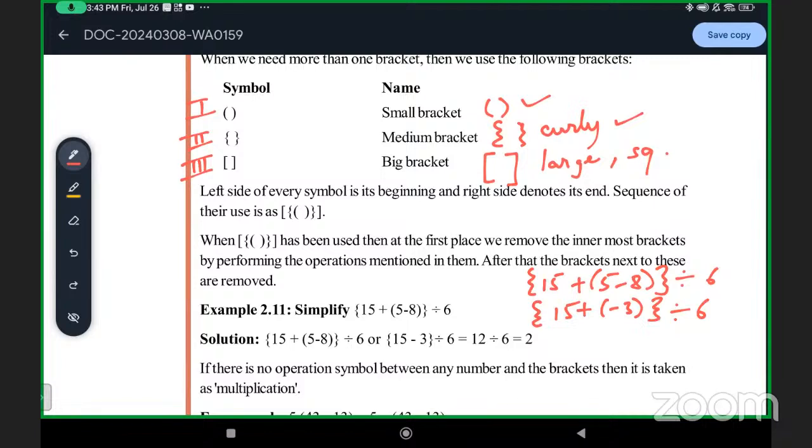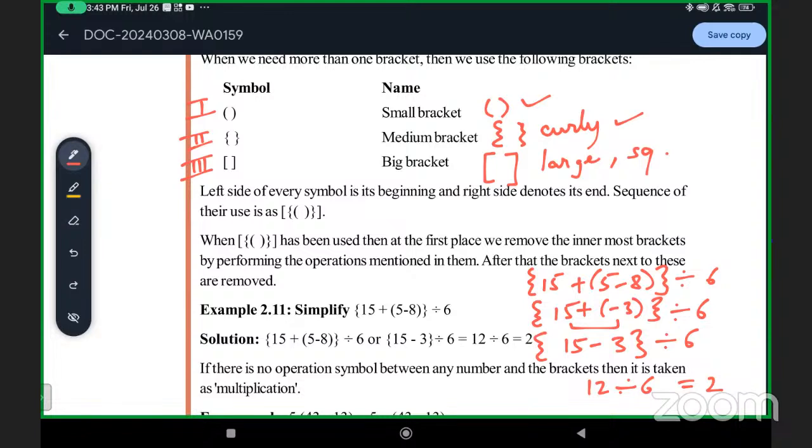So now, again, small bracket, this thing I will solve. So it becomes 15 plus minus is what? Minus 3 divided by 6. So when I solve one bracket, it will get removed. I can remove that bracket. So 15 minus 3, I will do how much? I solved it, so I'll remove it from here, divided by 6, which is 2. Okay, that's how we solve it.